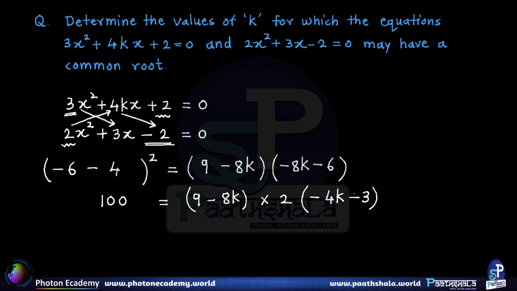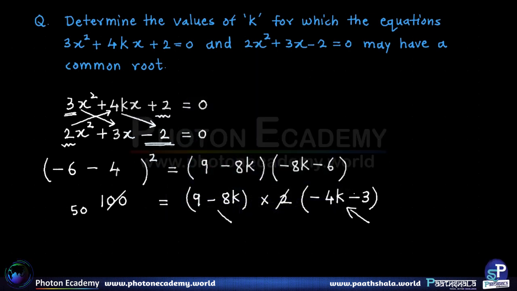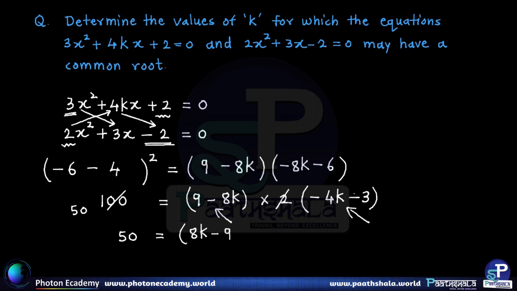So 2 cancels with 100, which leaves us with 50, and if we want to get rid of the minus sign, we can change the sign of this particular bracket, so we can write 50 to be equal to 8k minus 9, and here we change the sign and make it 4k plus 3.